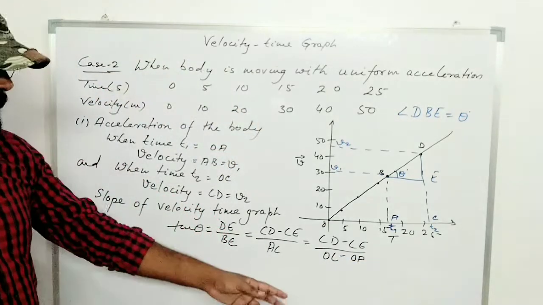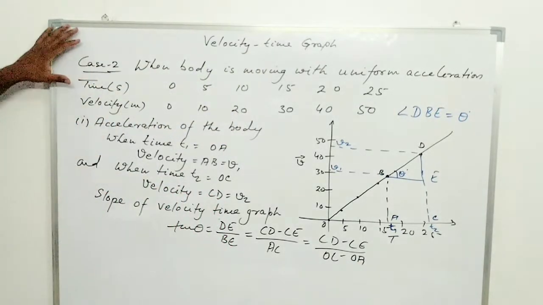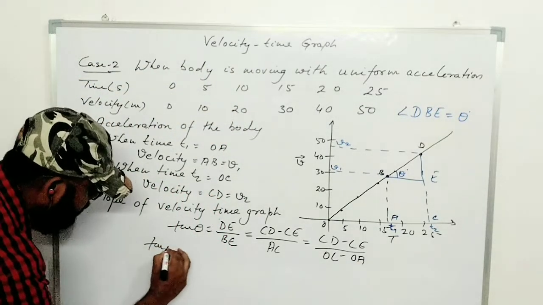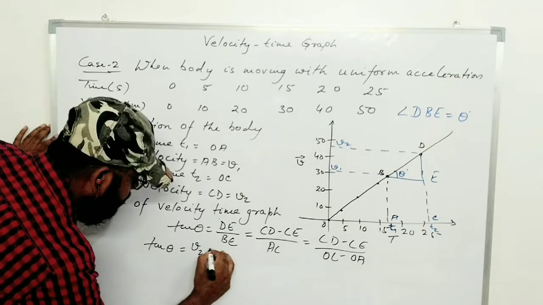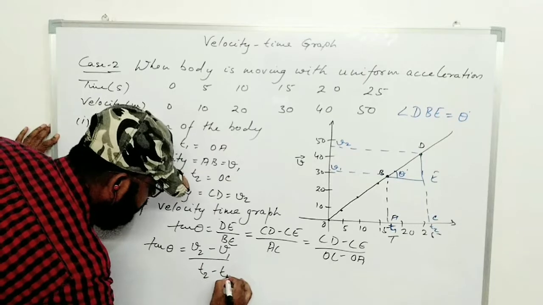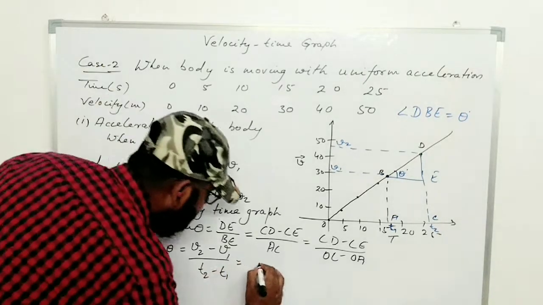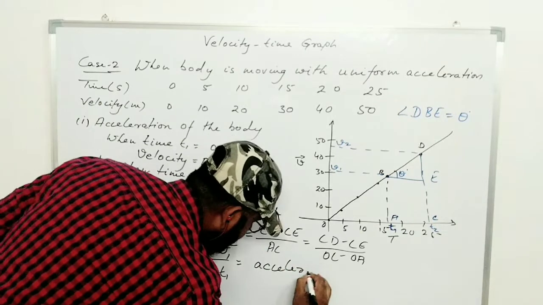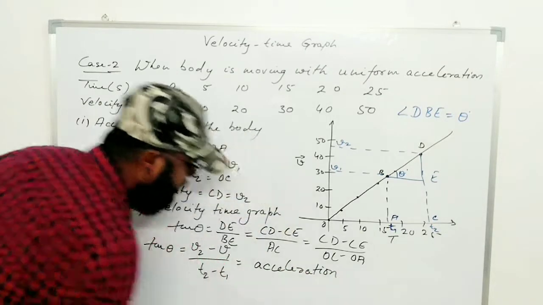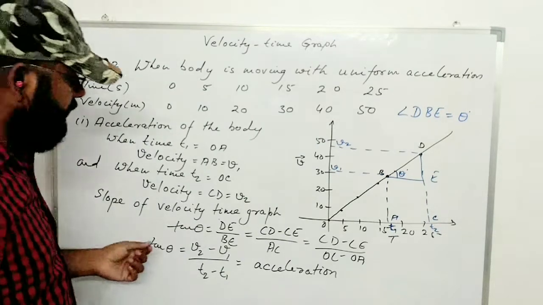Okay, this is it. Now write down tan theta is equal to, put the value, V2 minus V1 upon T2 minus T1. This is what? Acceleration. Hence acceleration of the body is given by slope of velocity time graph.